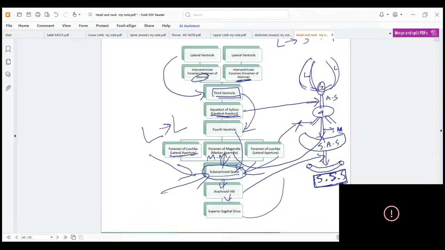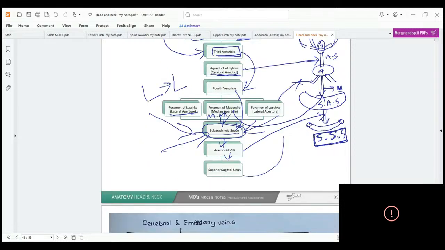Then third to fourth, the aqueduct of Sylvius. From the fourth, they have the lateral foramen of Luschka and the medial foramen of Magendie. They come to the subarachnoid space, are absorbed into the arachnoid villi, and drain into the superior sagittal sinus.